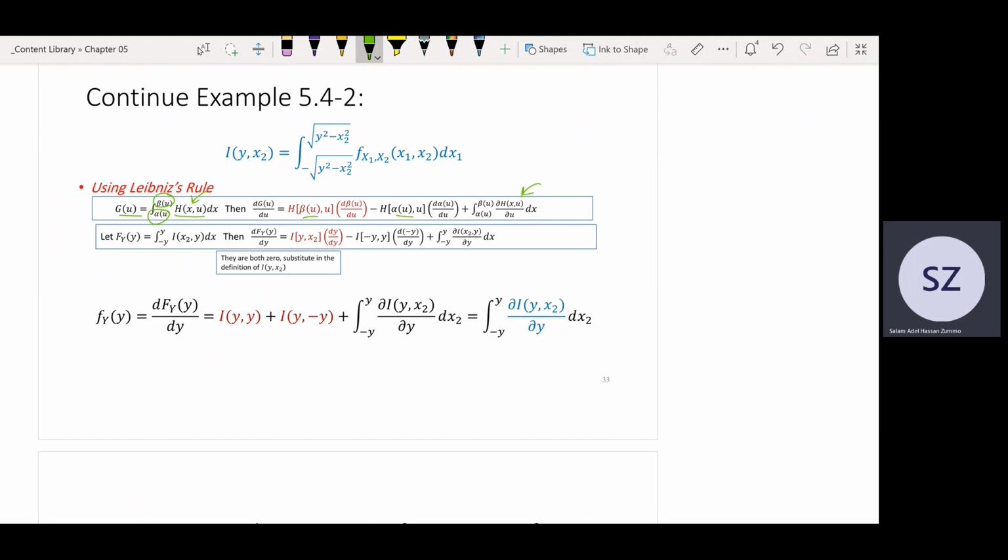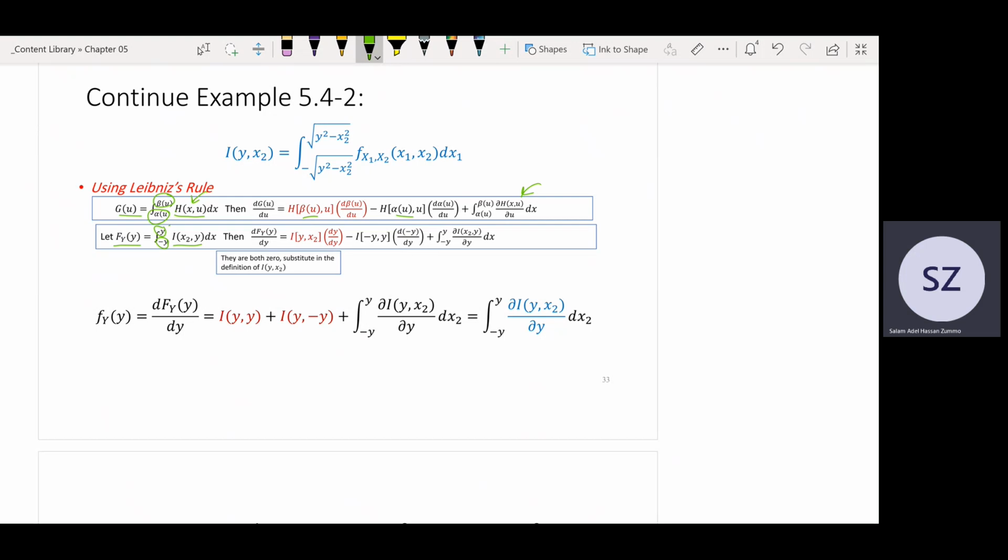Now let's apply this here. What do we have here? We have f_Y of y equals the integral from minus y to y of this function, right? So what do we do? In order to differentiate this, I take the same function evaluated at the first limit.